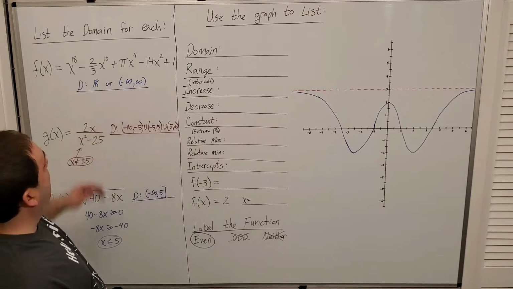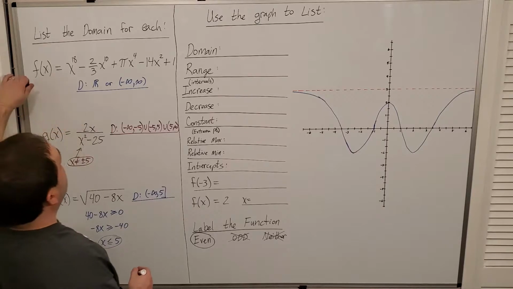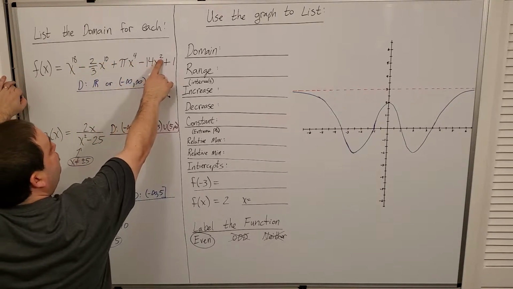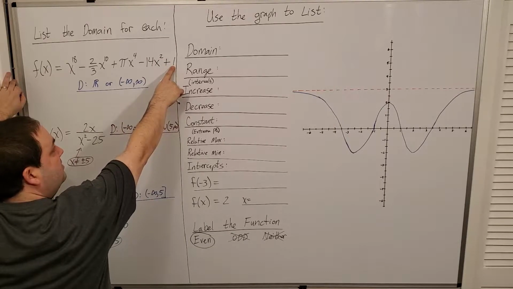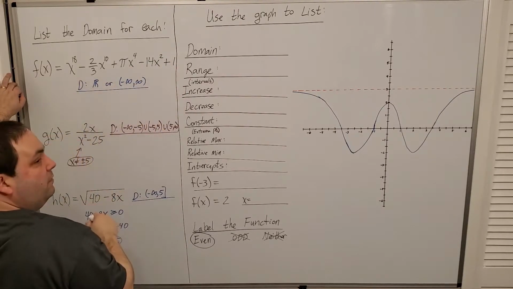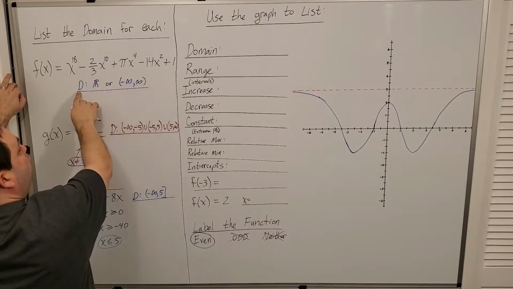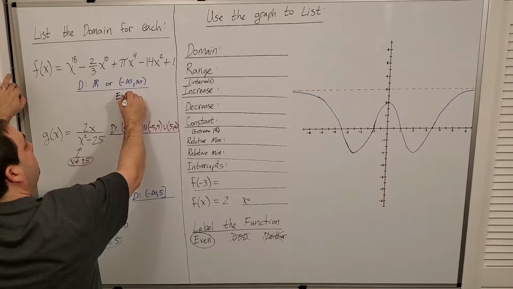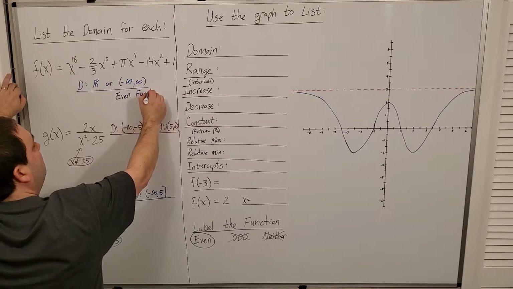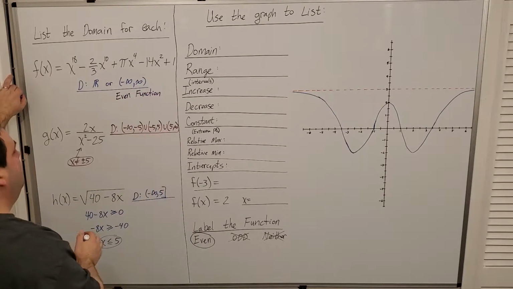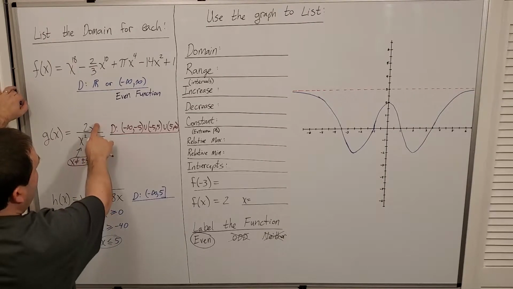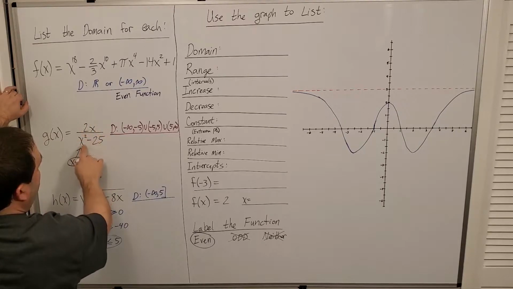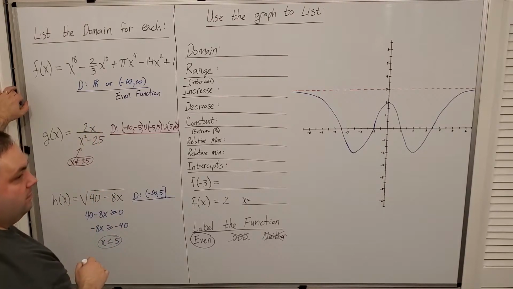While we're on that same topic, I want to go ahead and throw out the labels on these. If you notice the exponents, 18, 10, 4, 2, and technically this is x to the 0. All of those are even powers and no restrictions on the domain. So this is an even function. Here I have an odd power, and here I have two evens. It's an odd divided by an even.